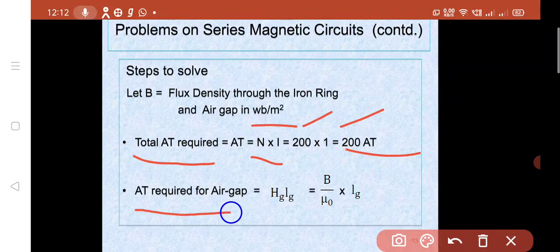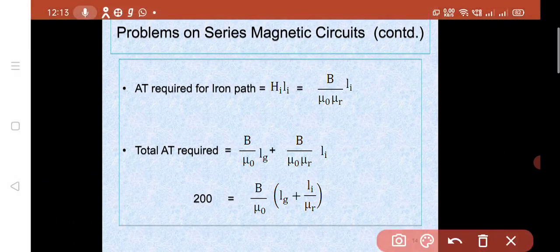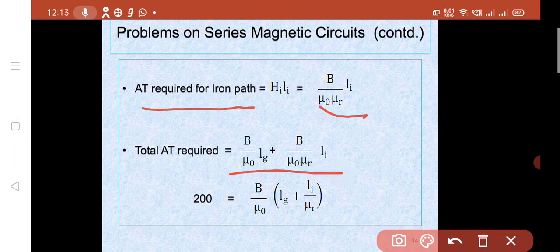Required for the air gap, Hg Lg is equal to B by mu naught into Lg. Required for the iron path, Hi Li is equal to B by mu naught mu r into Li. So the ampere turns required is B by mu naught Lg plus B by mu naught mu r Li.